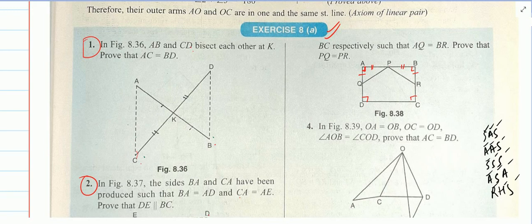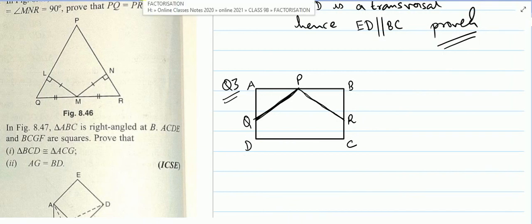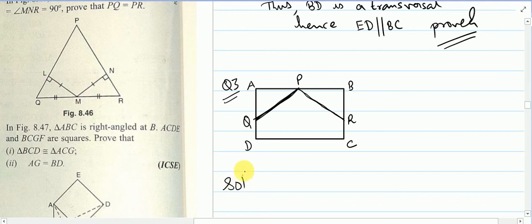We are supposed to show that PQ is equal to PR. Now in order to show this, we will try to show that triangle PAQ is congruent to PBR. Okay. So firstly let me draw the figure. Okay children, so this is the figure for question number 3, and let us do the solution.